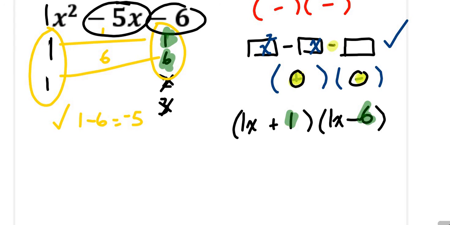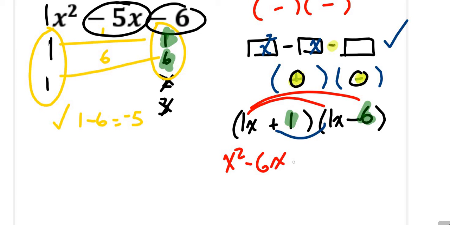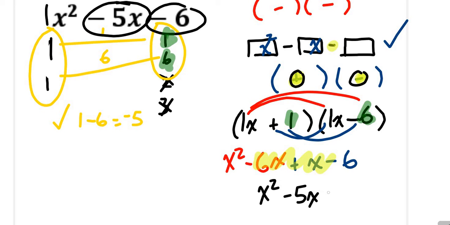Always FOIL it backwards and see if you did this correctly. That's going to be x squared minus 6x. That's going to be plus x minus 6. Combine like terms. x squared minus 5x minus 6. Check, check. You know you've got it.